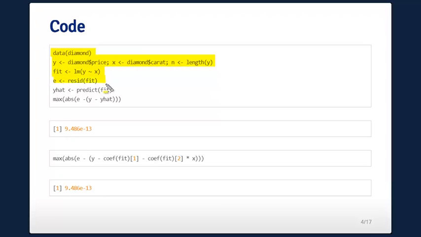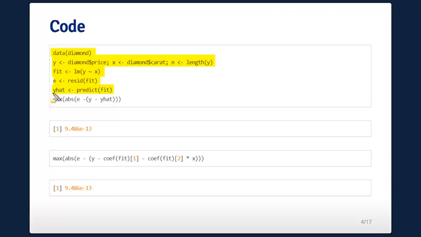And you can grab your residuals by just doing resid of that variable that you assigned the output of lm to. And you can get your predicted responses at your fitted x's by just using the predict function.